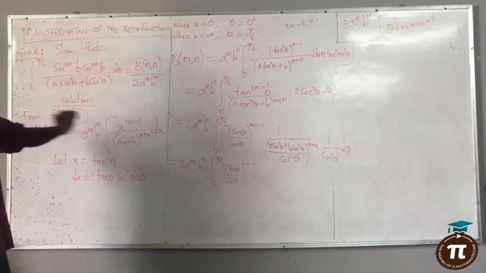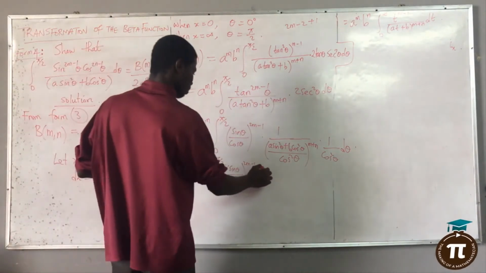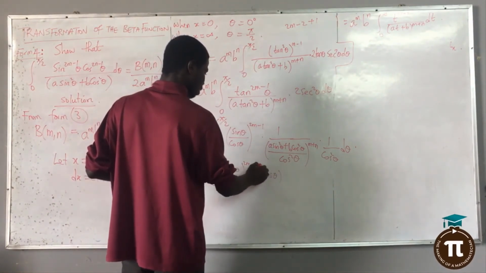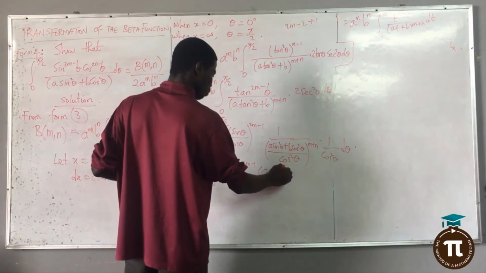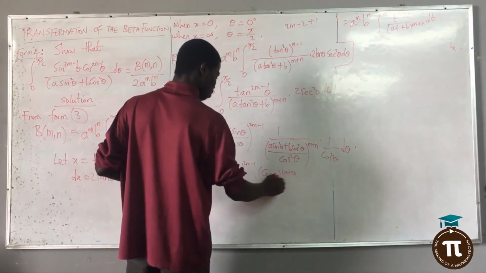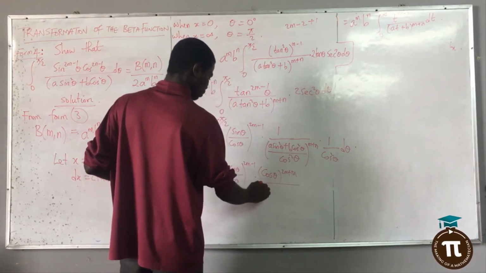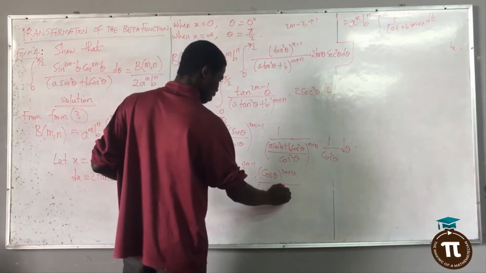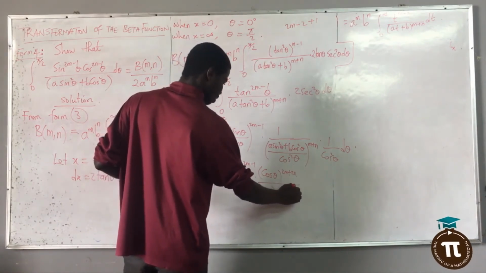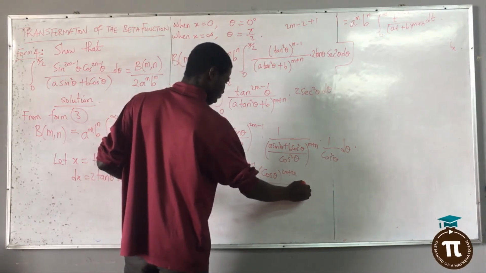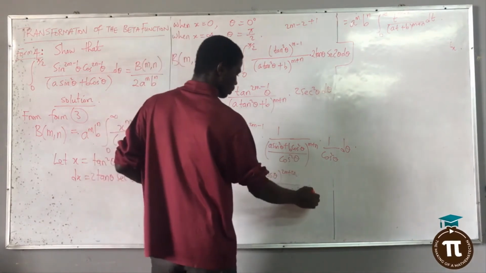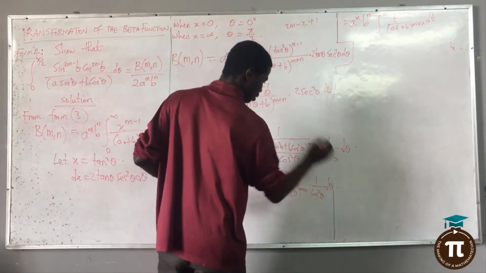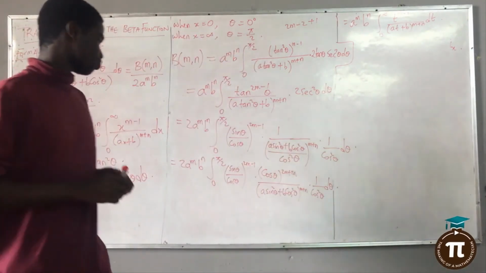Then multiplied by this one, which will become cos theta raised to the power of 2m plus 2n over a sine squared theta plus b cos squared theta raised to the power of m plus n, multiplied by 1 over cos squared theta, d theta.